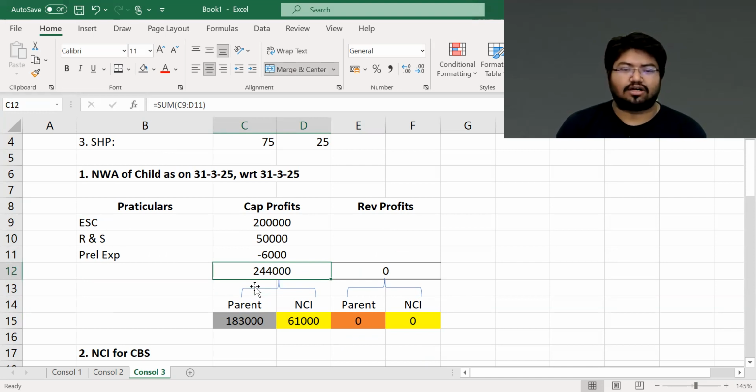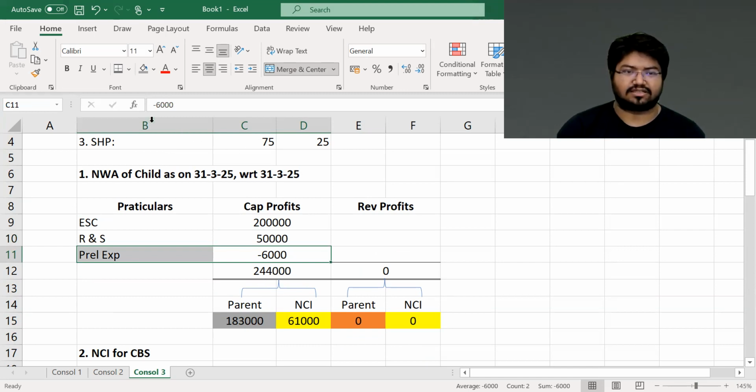2,44,000 is the total capital profits what we have, and revenue profits is 0. So in the third problem, what is new that you have learned is only about preliminary expenses.